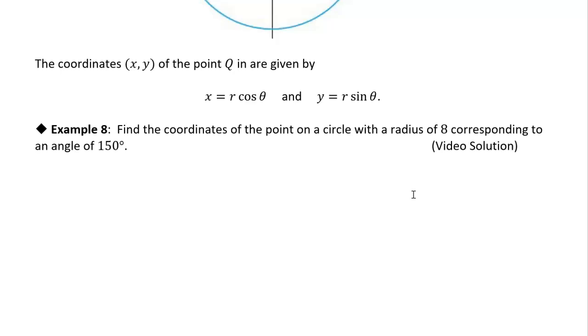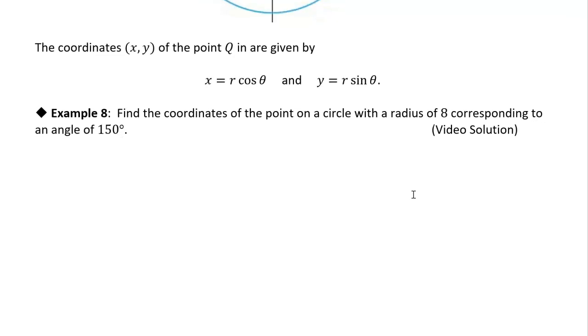So, all right, let's do one more example using this concept. It says find the coordinates of the point on the circle with radius of 8 corresponding to an angle of 150 degrees. Given that, we're going to take the radius, 8, and multiply it times cosine of theta to get the x-coordinate.